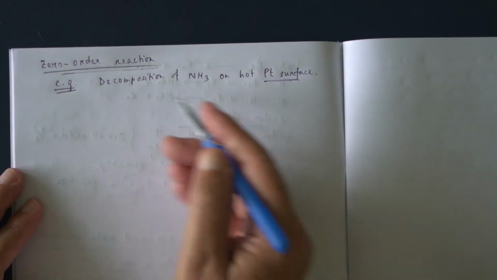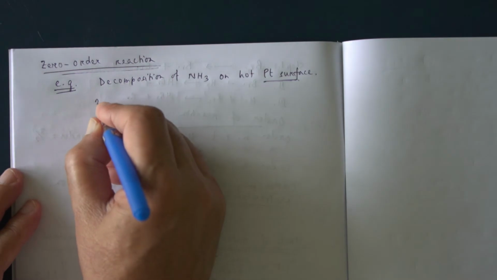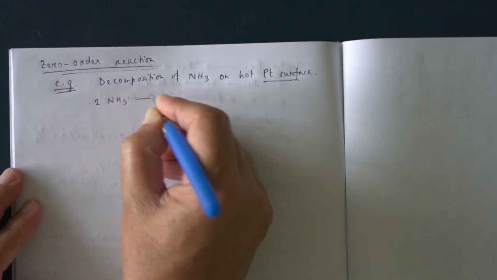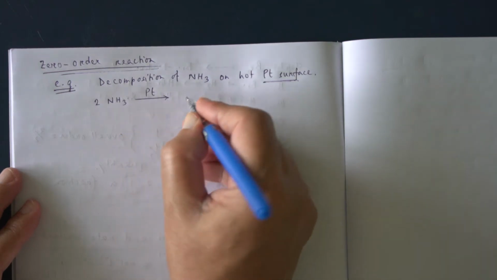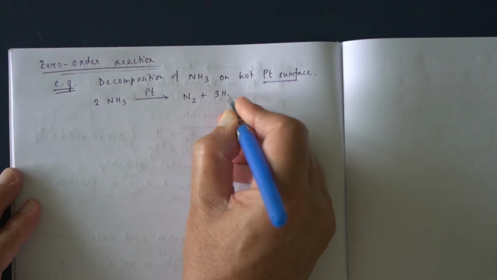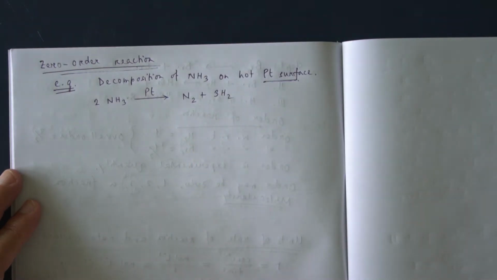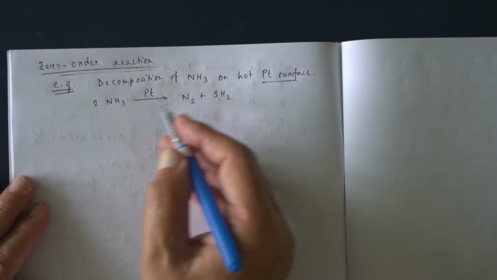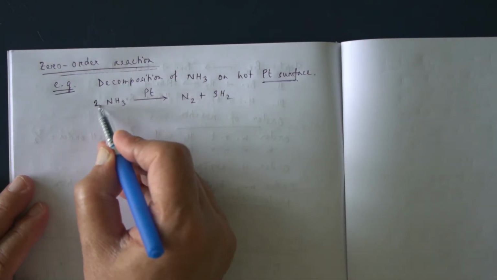The reaction is this: 2 ammonia, over platinum, gives N2 plus 3H2. Now this reaction is of zero order. The coefficient is 2.